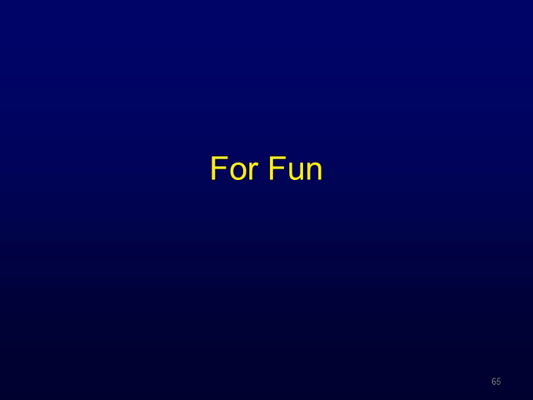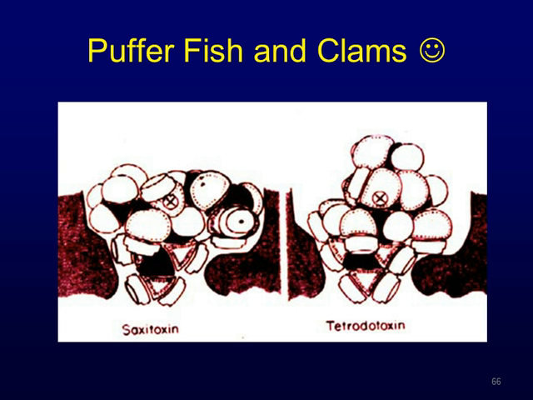Now, for those of you that like to go out and eat Japanese, be careful of pufferfish. We spent all this time talking about sodium channel blockade. Anybody ever have pufferfish and wonder why their lips get numb? Well, this is why.